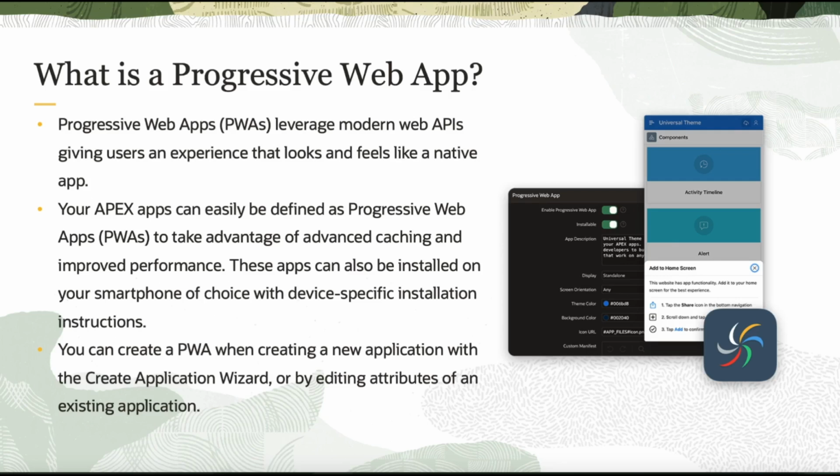You can create a Progressive Web Application when creating a new application with the Create Application Wizard or by editing attributes of an existing Apex application. As you learned in a previous lesson, the Create Application Wizard displayed a Features section and a checkbox to select for Progressive Web Application installability.